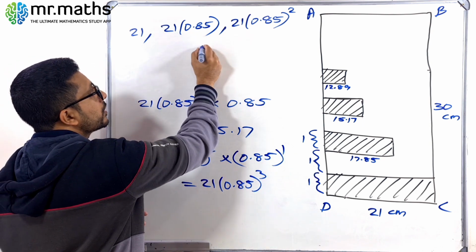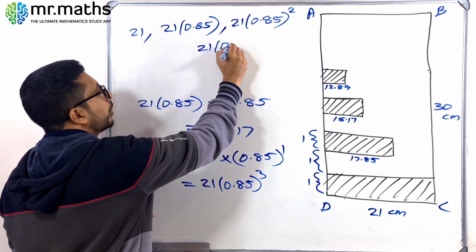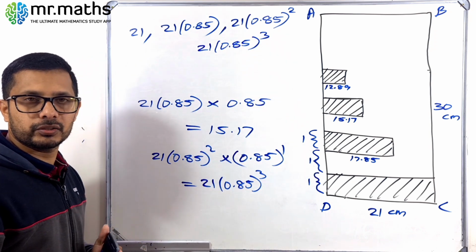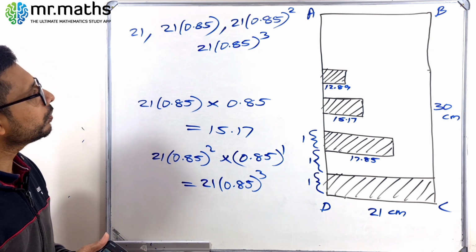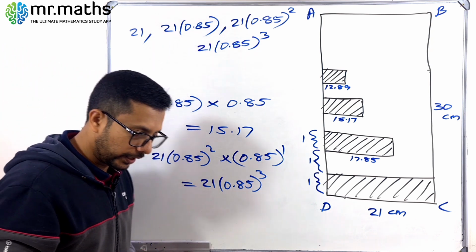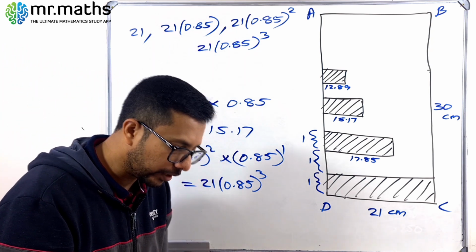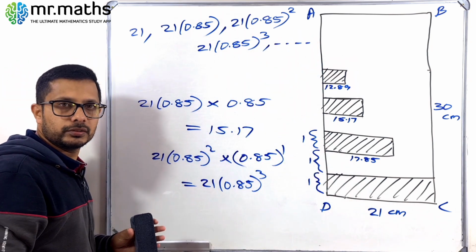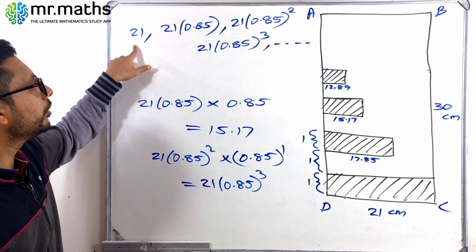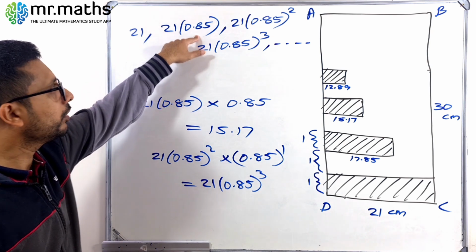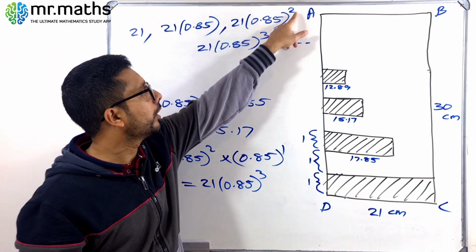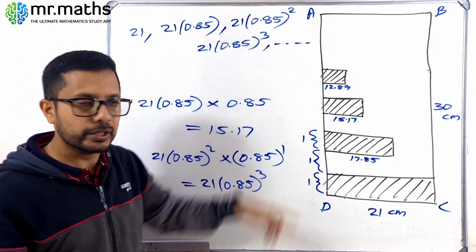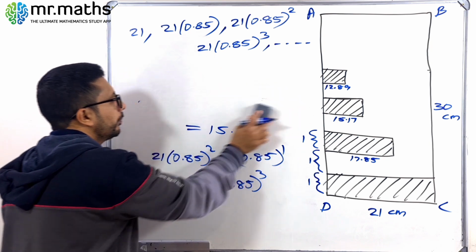So the next term is 21 times 0.85 raised to 3. Can you see that? So the pattern is continuing like this: 21 times 0.85, 21 times 0.85 squared, 21 times 0.85 cubed, and so on. Now we got a pattern there.